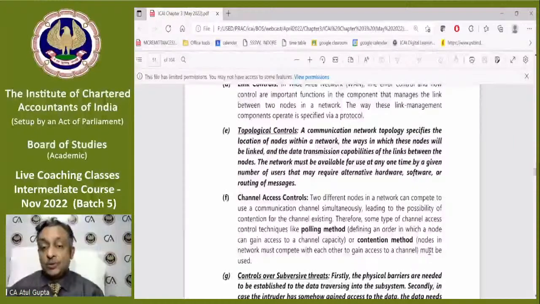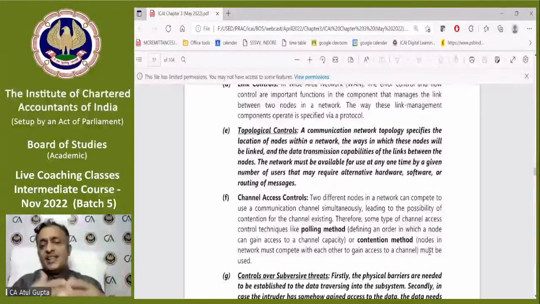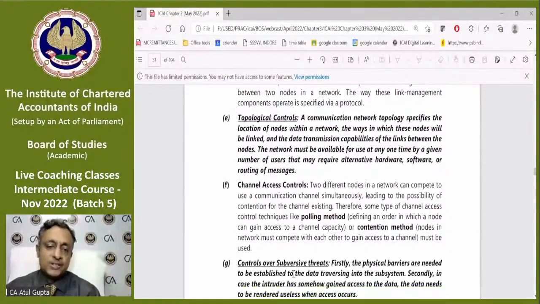Channel access control: two different nodes in a network can compete to use communication channels simultaneously. There's only one-way traffic, so which car or which message is going to go first? You define who is going to go first.